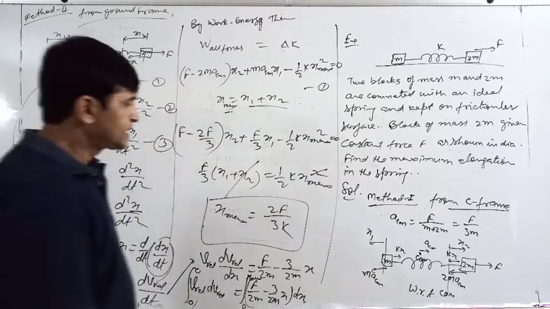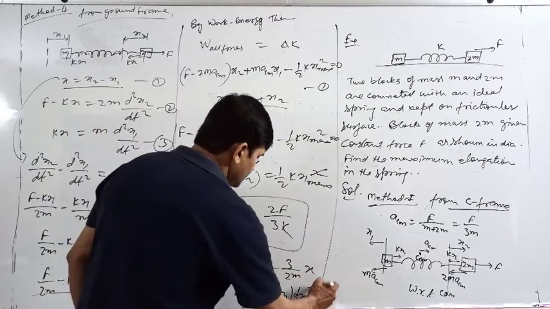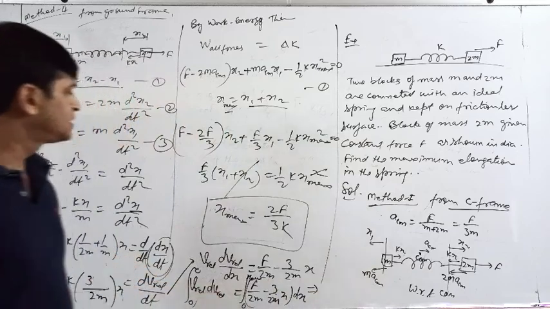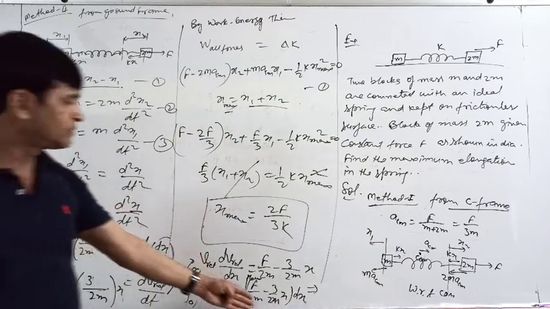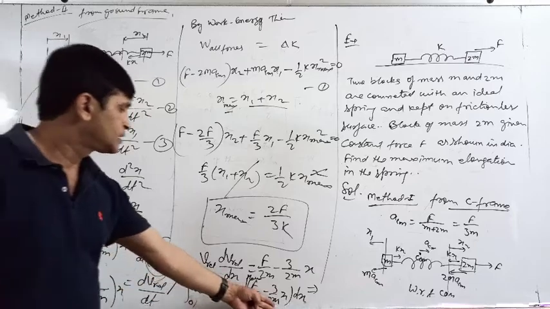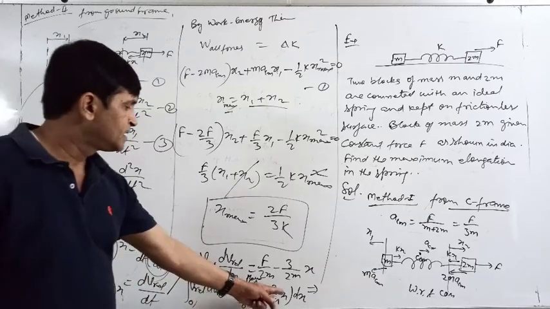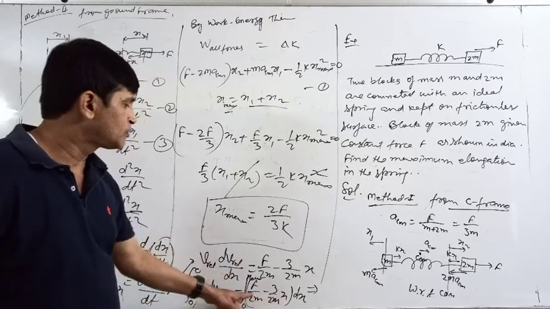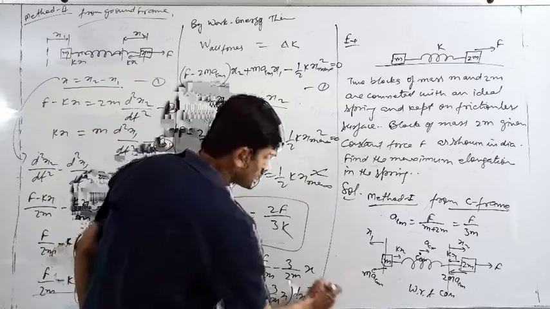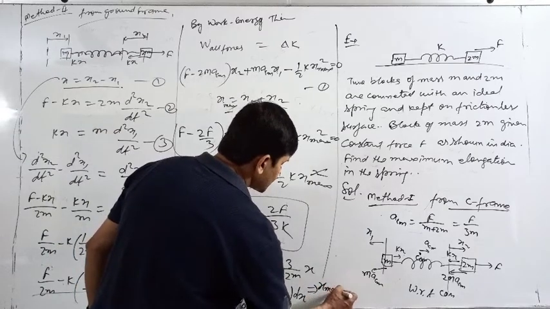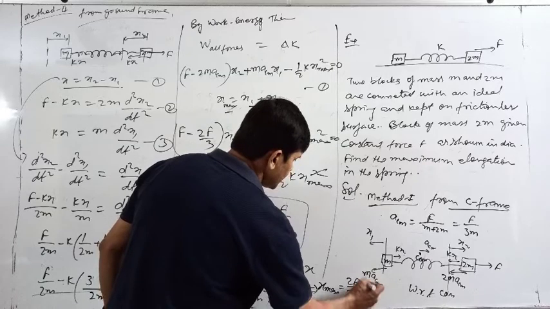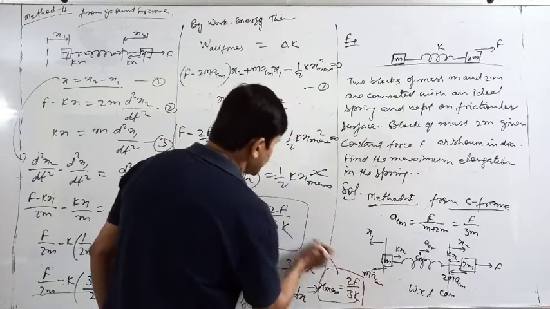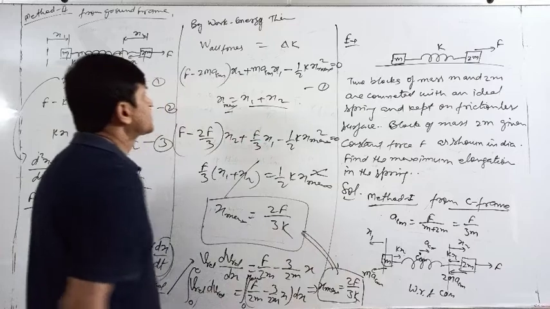Then simplify this and you will get the same answer as we found before. 2m you can remove. This is x square by 2, the 2f by 3. That gives us x maximum equal to 2f by 3k, the same answer as you have found here.